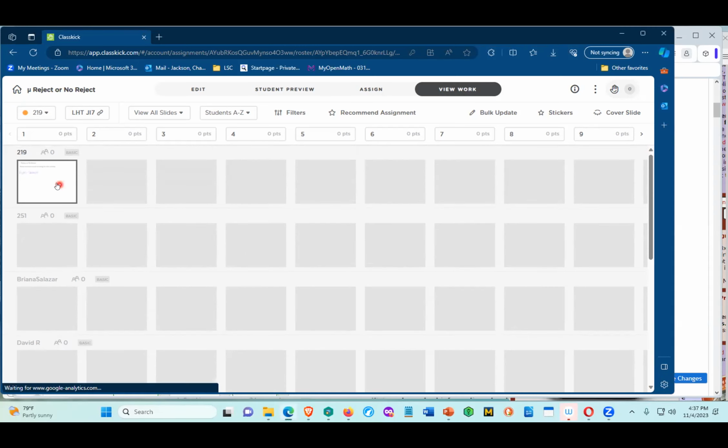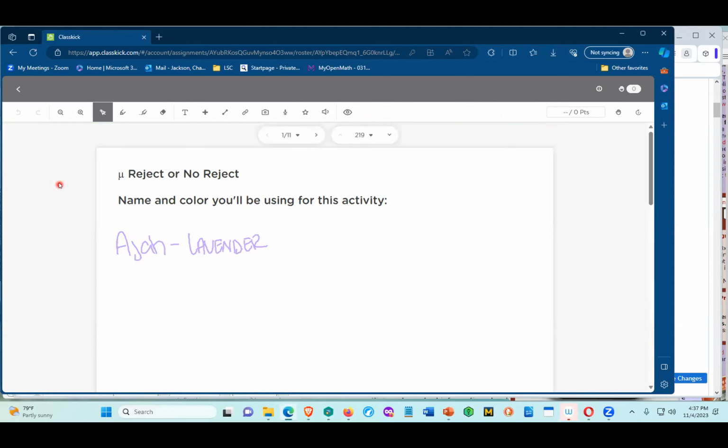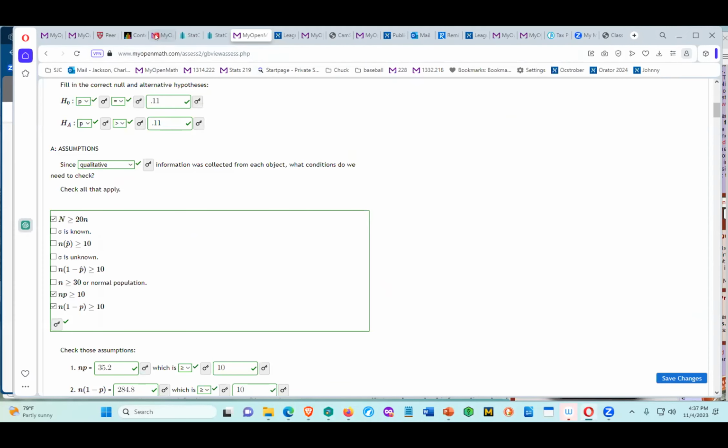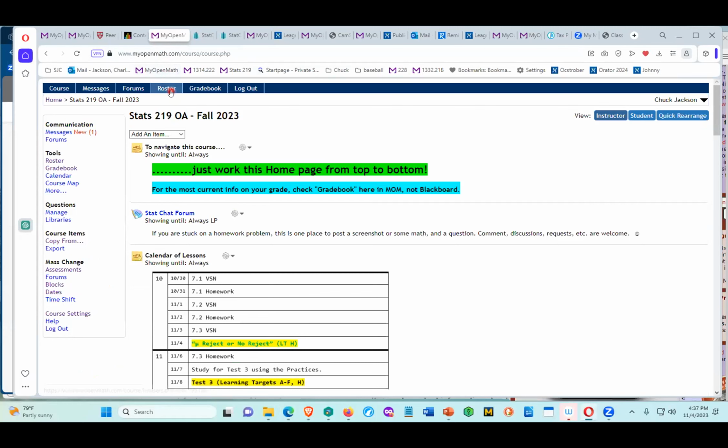Looks like maybe someone's here already with the login 219. So we're going to the ALA from the link in MOM using the name 219, right, Jocelyn? What was the code again?